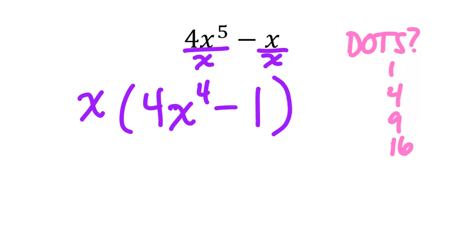Do I have 2 perfect squares? Yes, what are they? 4 and 1, right? Or 1 and 4. X to the 4th is even. So if that's even, that's always going to be squared, okay? And I do have a subtraction, so I can split this into 2 binomials.